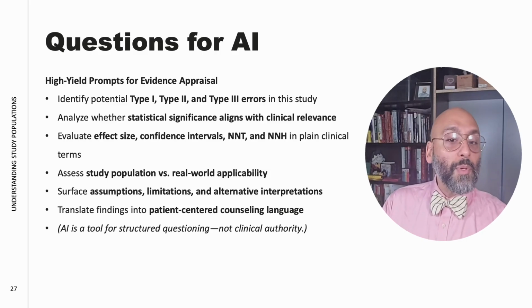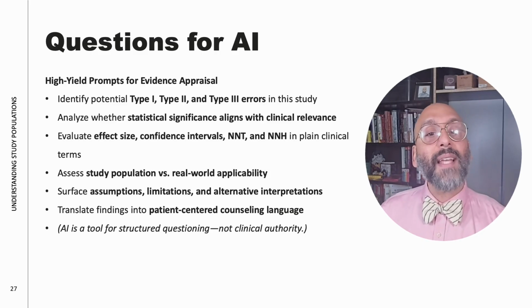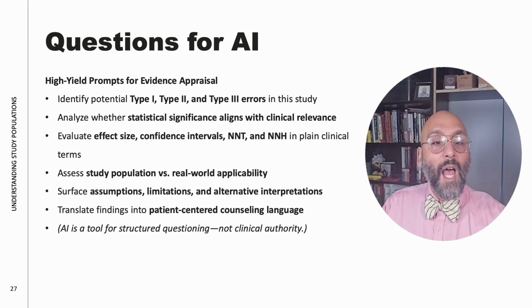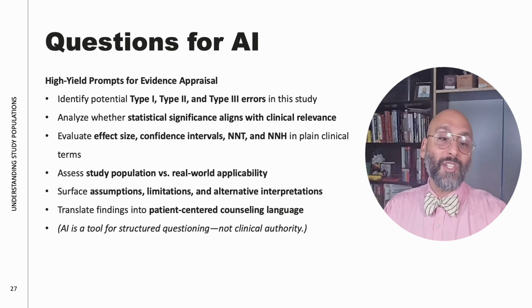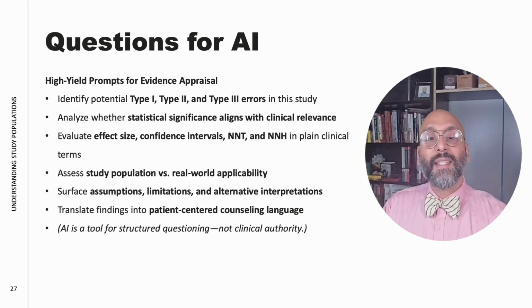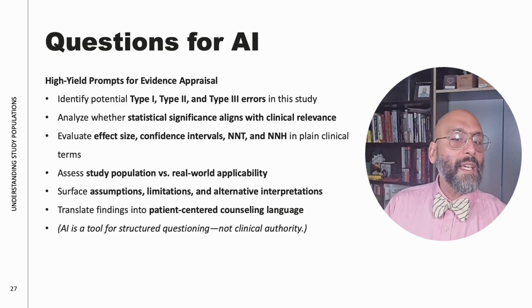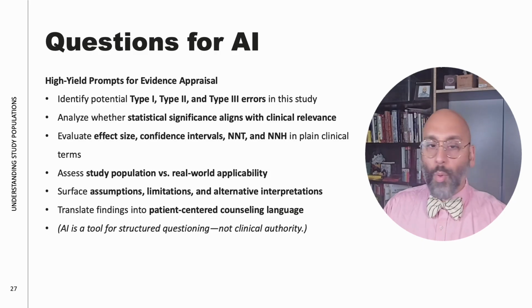But if you use it poorly, it can amplify type 3 errors and create false confidence and obscure nuance behind fluent language. So the takeaway is this: AI should make your thinking sharper, not shorter.